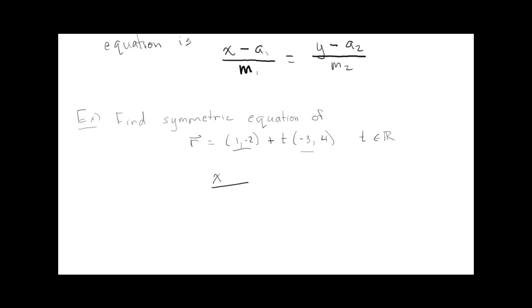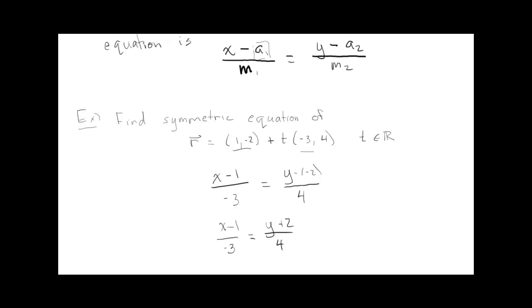Just x over equals y over, so x minus the x coordinate of your position vector, and then y minus the y coordinate, so minus 2, and that's all over the direction vector, so the x coordinate goes over the x part, and the y coordinate goes over the y part. So (x minus 1) over minus 3 equals (y plus 2) over 4, and that's how we'd leave it.